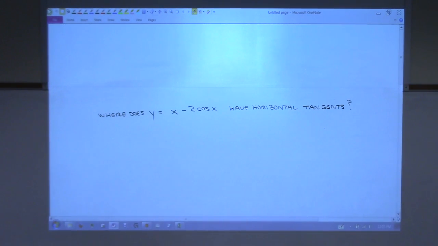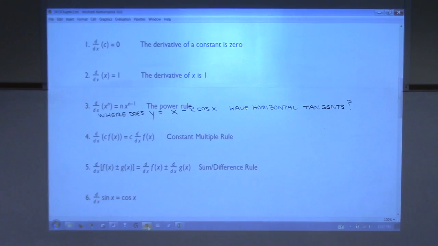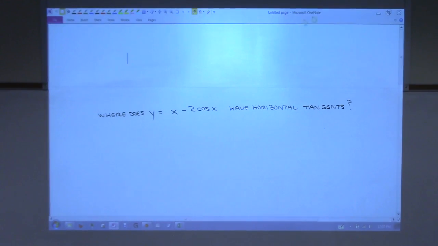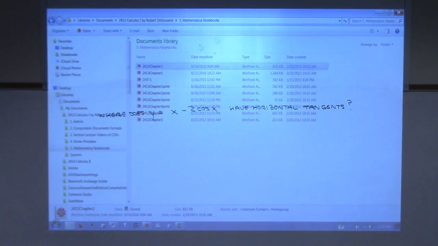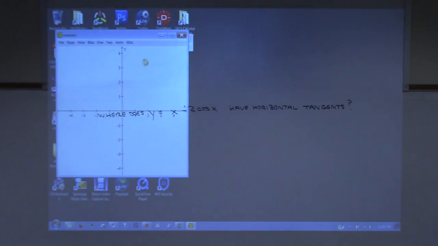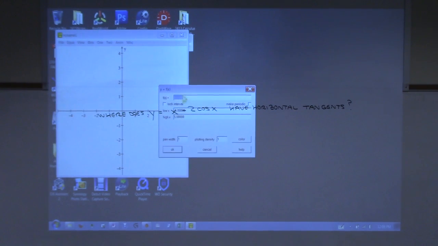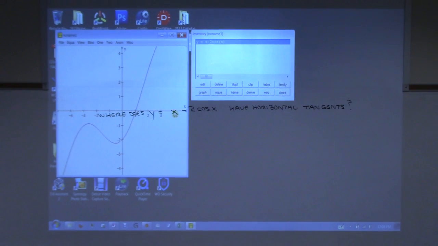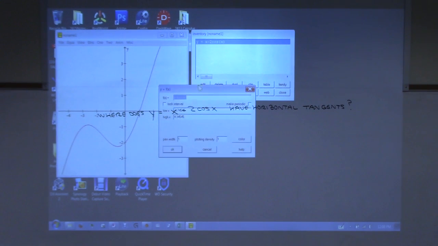So I'm going to graph this real quick so we can just take a look at what this graph is. It was x minus 2 cosine x.